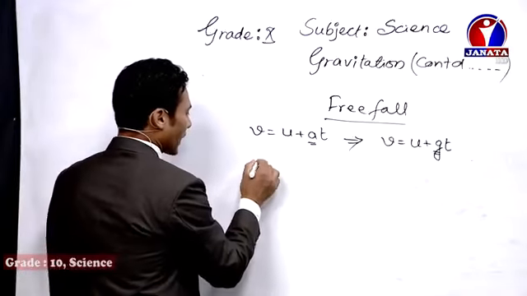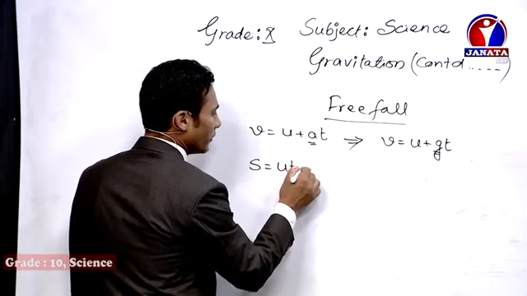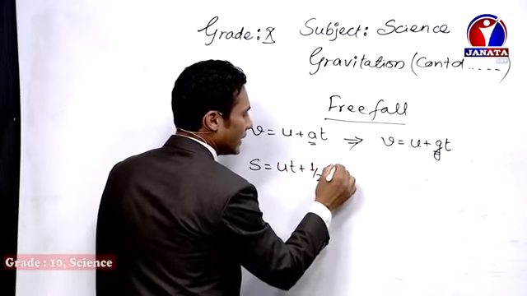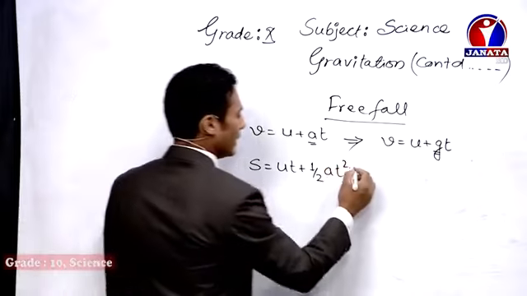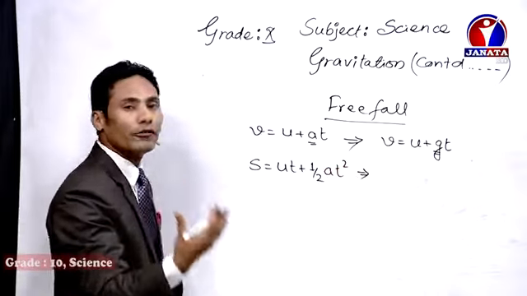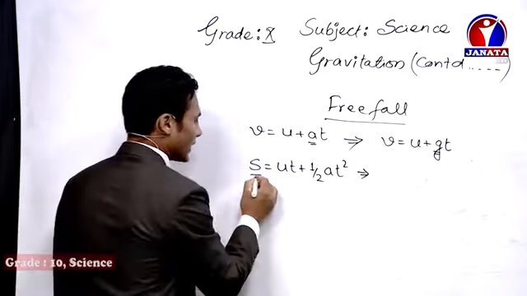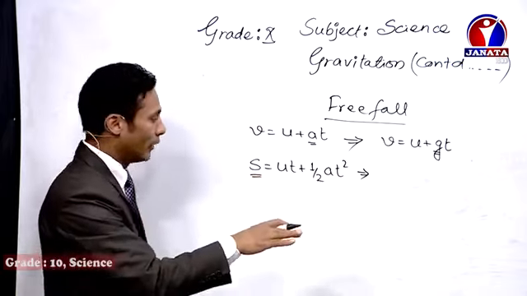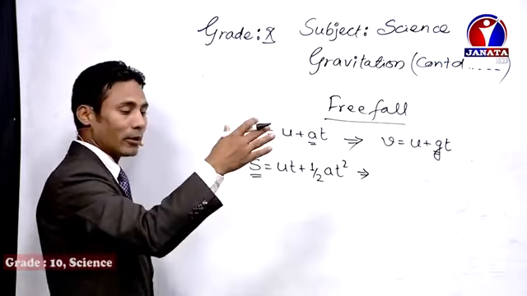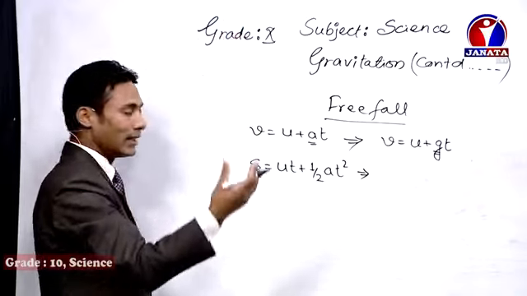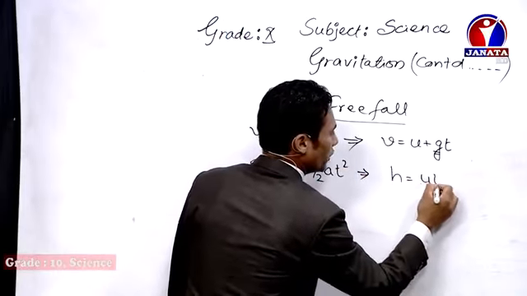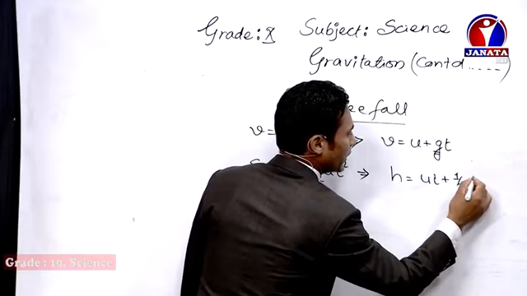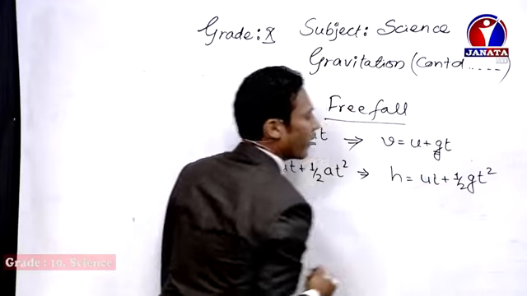Next one is s equals ut plus half at square. This is the equation of motion in the linear form, right? And this is modified: the distance in the linear form becomes height, whenever the object is falling from a certain height. So this will be h equals ut plus half gt square.